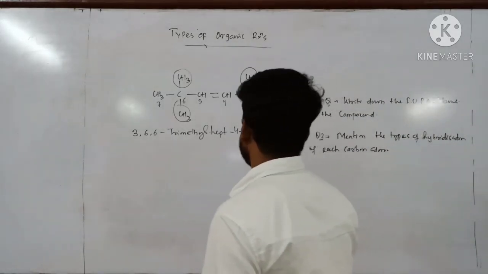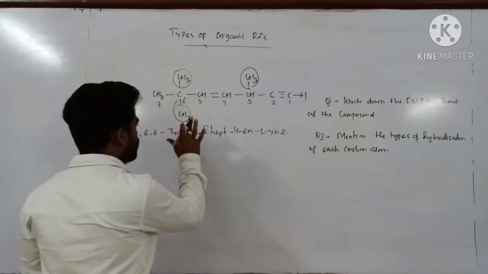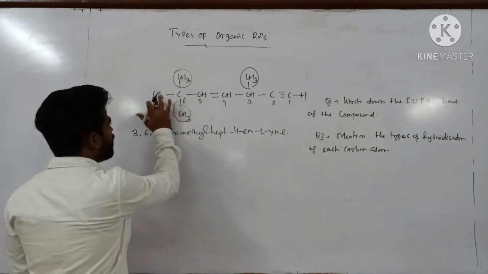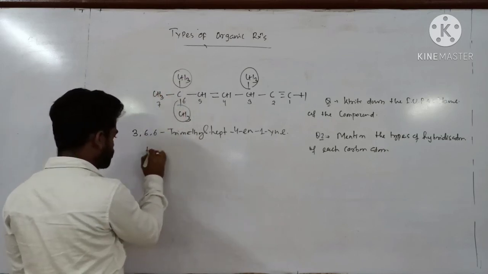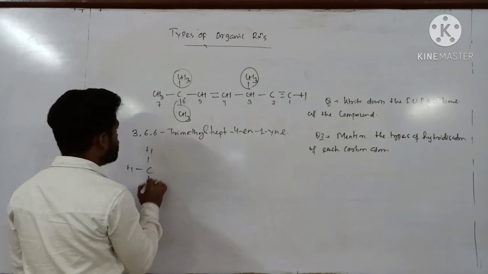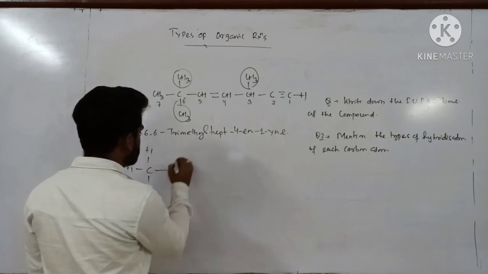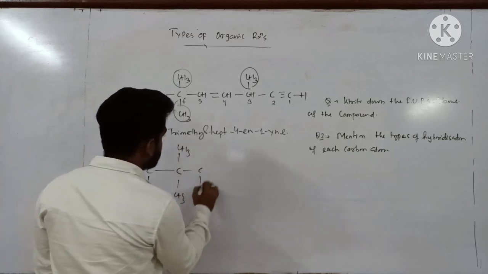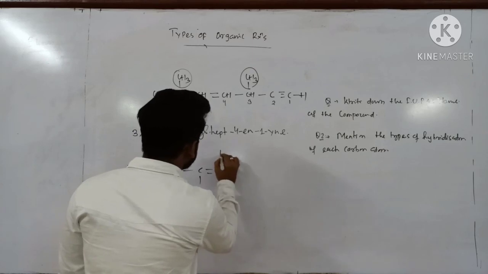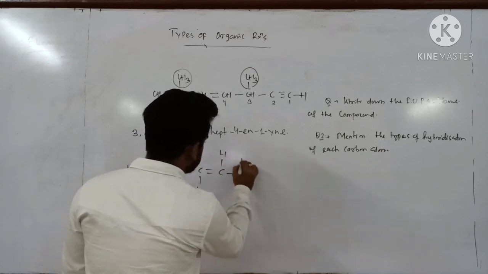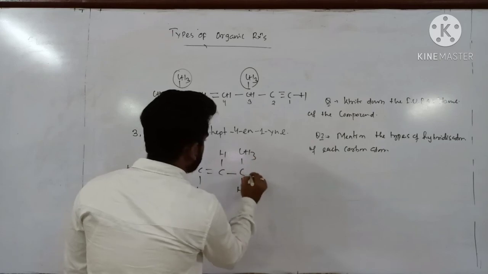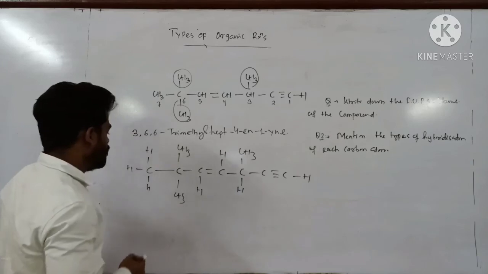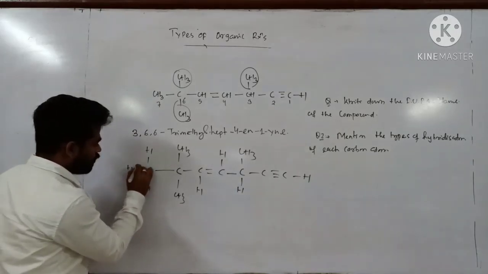The type of hybridization. In order to know the type of hybridization, what you have to do is write down its open structure. So this methyl group is almost the same. I am opening this methyl group only. Methyl group C, CH3, CH3, CH double bond C, CH, CH3, C triple bond CH. Here you just calculate the number of sigma bonds. 1, 2, 3, 4.